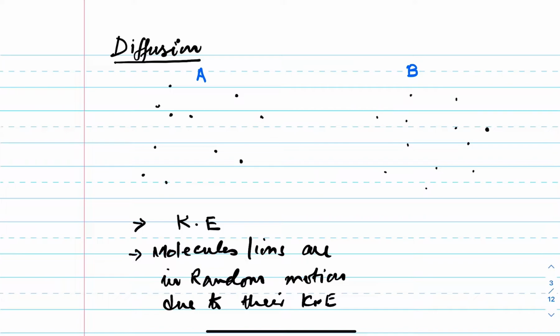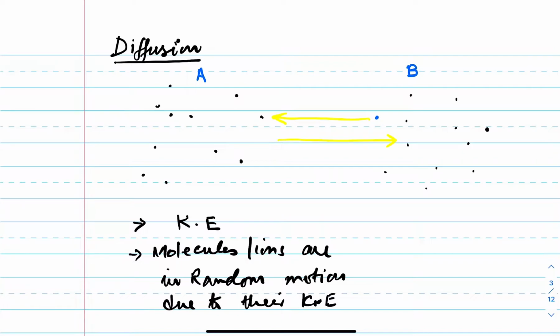They may or may not have a partially permeable membrane present between them. So in both of these regions, the molecules are moving randomly. So they would be moving in both directions. Molecules will be moving from B to A, and they will also be moving from A to B.